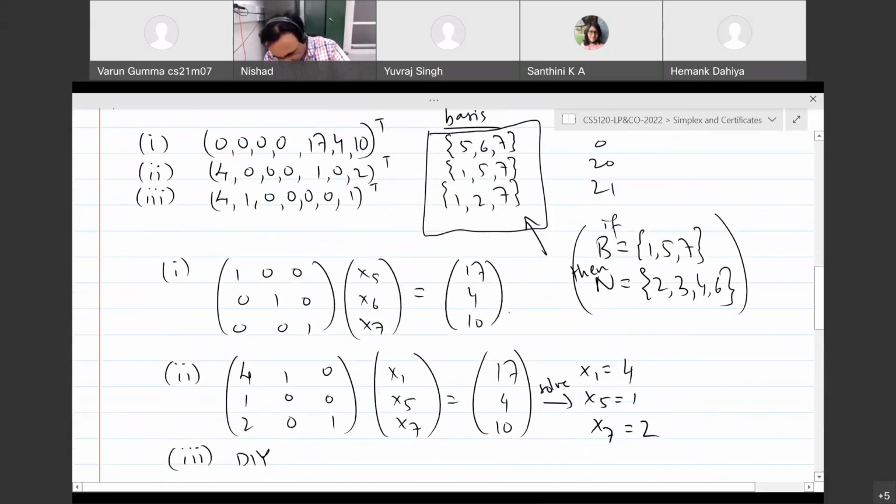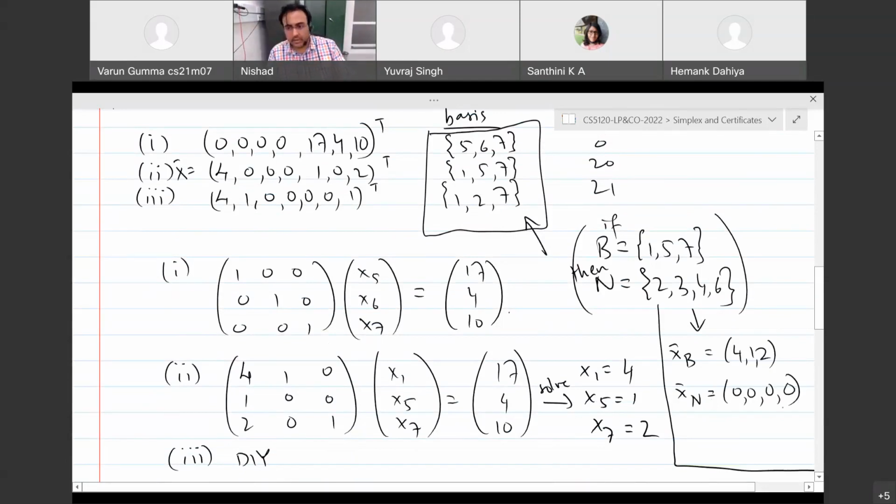So in this case, for example, x bar b, if I'm looking at this as my x bar, is exactly going to be 4, 1, and 2. And x bar n is going to be the remaining entries, which are all 0, which is not a coincidence. The entries here do not have to be non-zero.